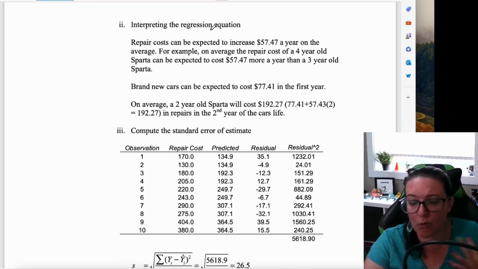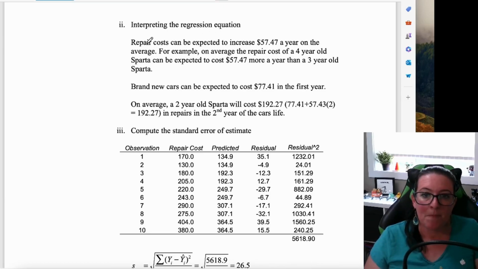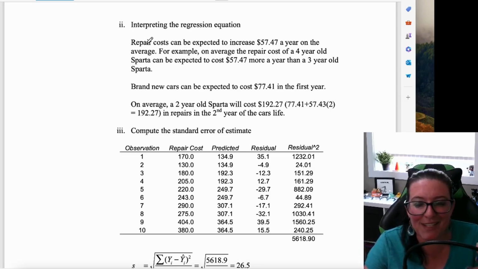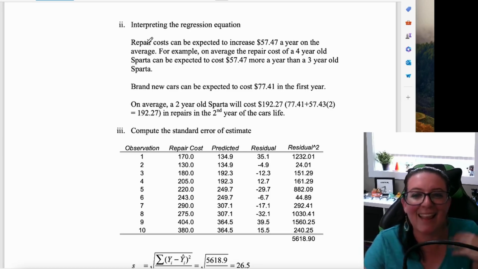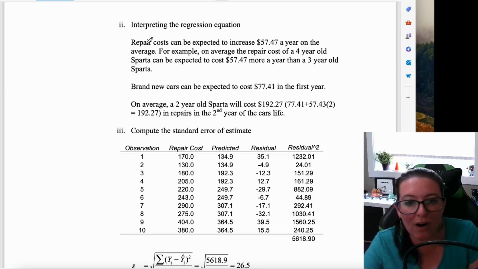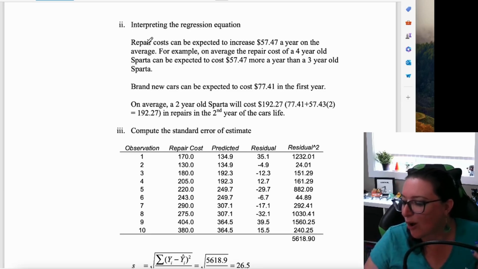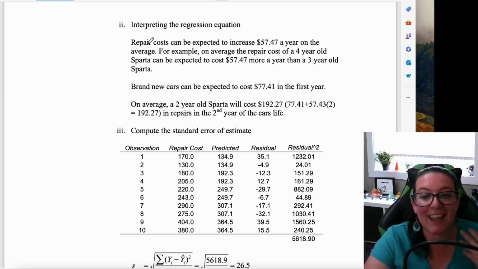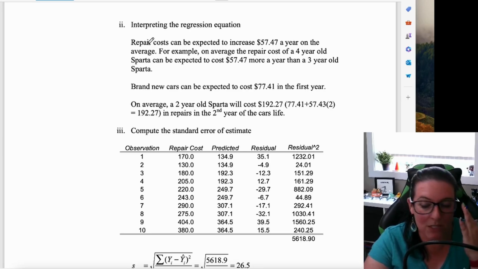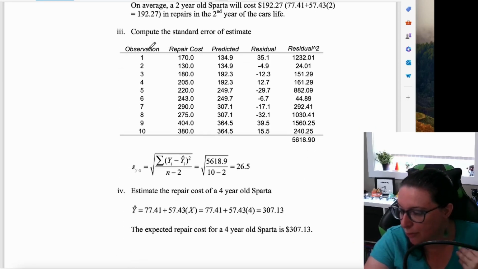So we interpret the regression equation, right? We got the equation. It told us that the underlying cost for a brand new vehicle is $77.41. And then as you increase the age of the vehicle, each year costs $57.47 more than the year before. We plugged into our equation and found that the 4-year-old vehicle would be expected to cost $307. So that's where we've been so far.